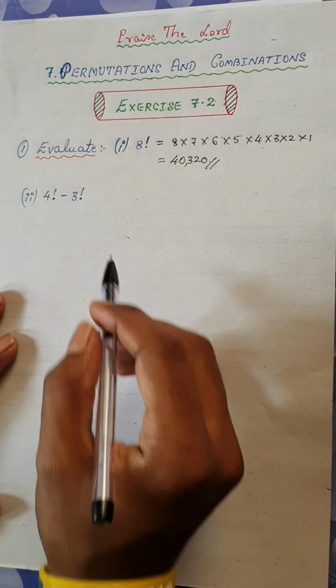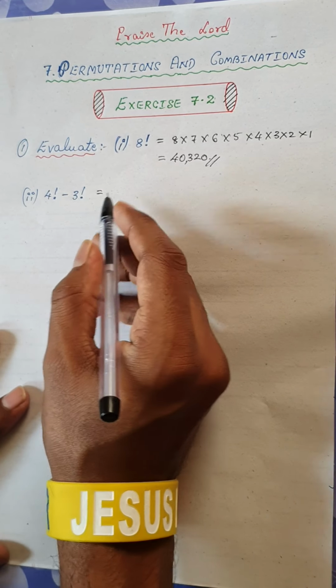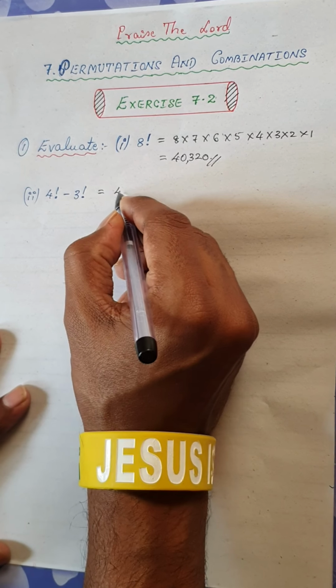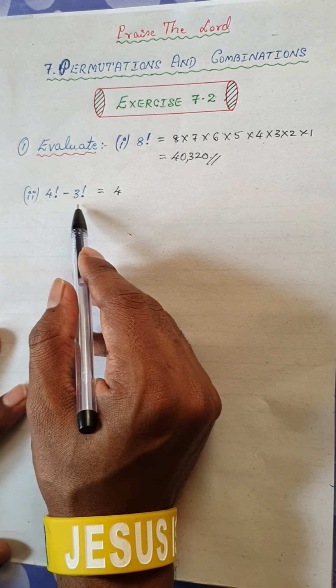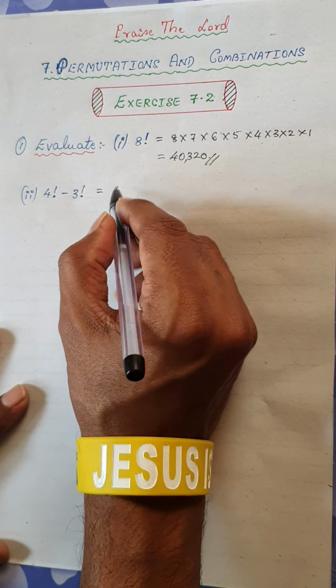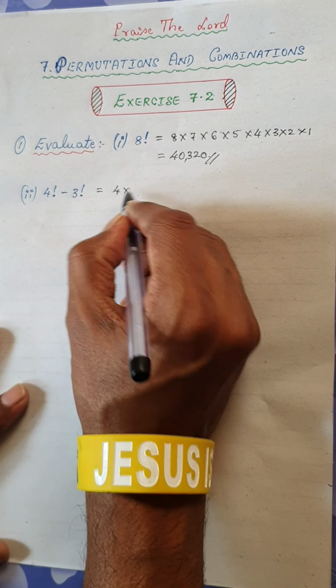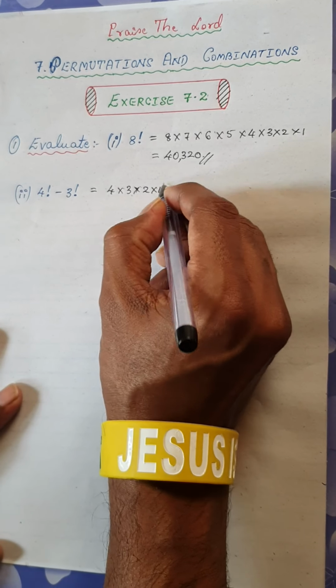Is it clear? Fine. The second question is again a simple one. This is also evaluate. You have to find out 4 factorial minus 3 factorial. You are not supposed to write it as 1 factorial, because 4 factorial minus 3 factorial is not equal to (4 minus 3) factorial. Let us check. 4 factorial is nothing but 4 into 3 into 2 into 1, isn't it?